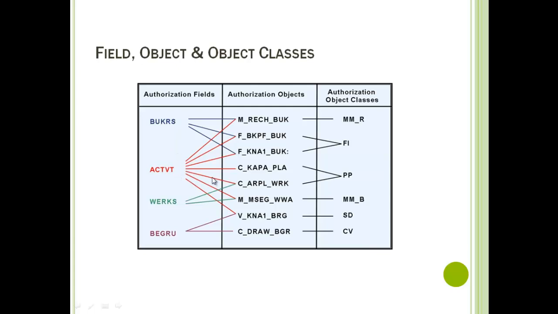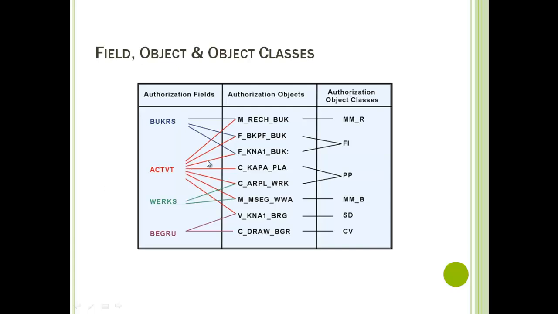These are all again maintained in a table. So for example, these three authorization objects have BUKRS as well as activity.